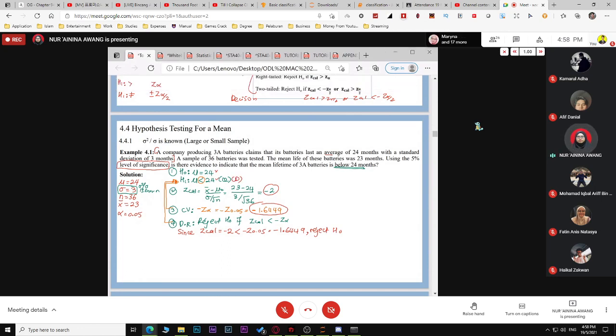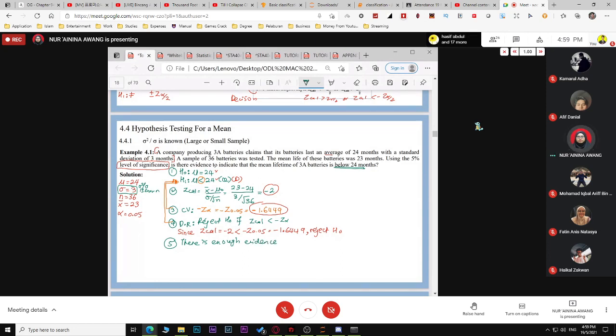Okay. So to make your conclusion, sama ada enough or not enough evidence. So soalan tanya either there is enough evidence to indicate that the mean lifetime of 3A batteries is below 24 months. So ini adalah questions dia. And then when we test, memang kita reject our H null. Kita mengatakan memang below 24 months. Okay. So bila we make our conclusion, so kita akan kata there is enough evidence.